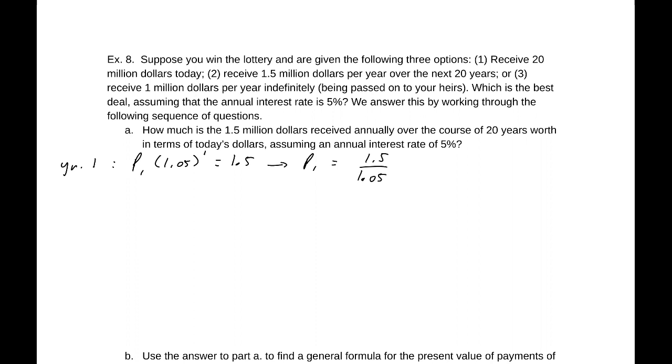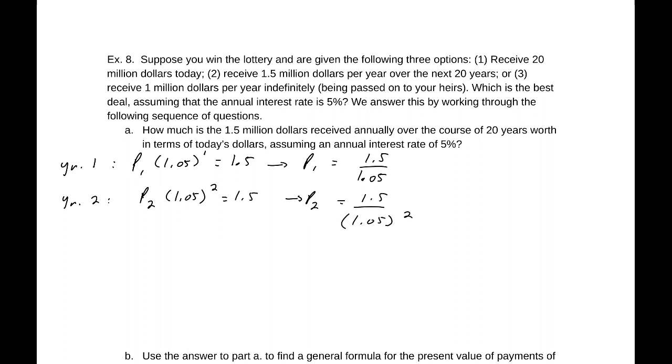That is how much it's worth as its present value. Year 2, the present value of that is 1.5 over 1.05 squared, because that interest is accumulated over 2 years, which means that P2 is 1.5 over 1.05 squared.